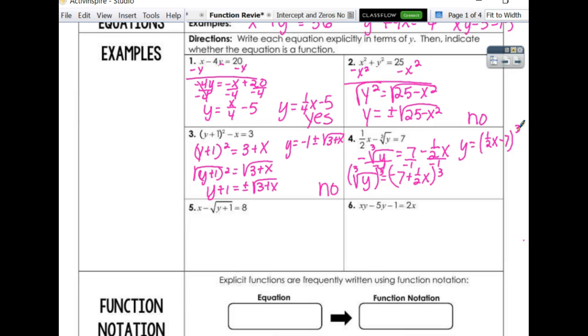So the parent function is x to the third. X to the third graphs like this. So is that a function or not a function? It is a function.